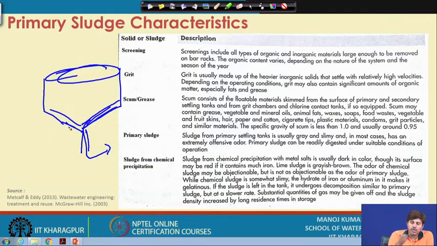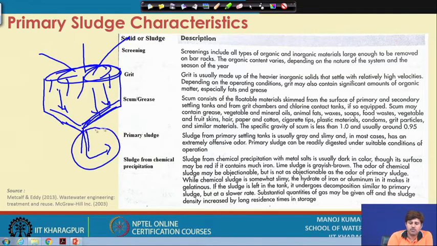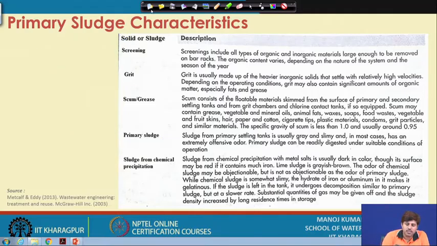When you allow it some time, the heavier particles, these sediments or settleable solids, settle down, and the lighter particles may come to the top. So, the removal could be from both sides. From the top we can remove these scums, grease or floating materials, and from the bottom we can remove the settled materials.